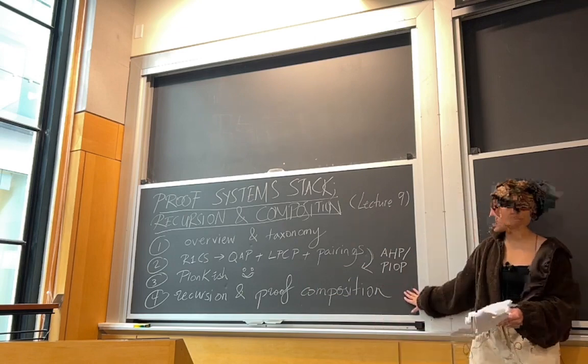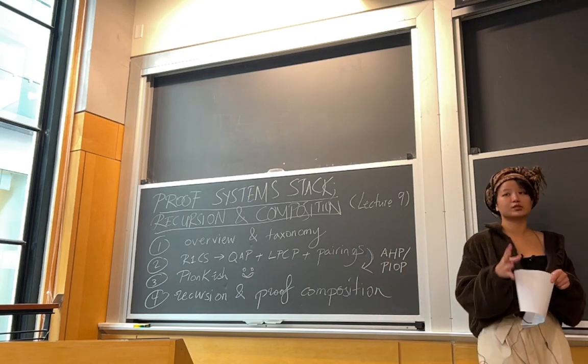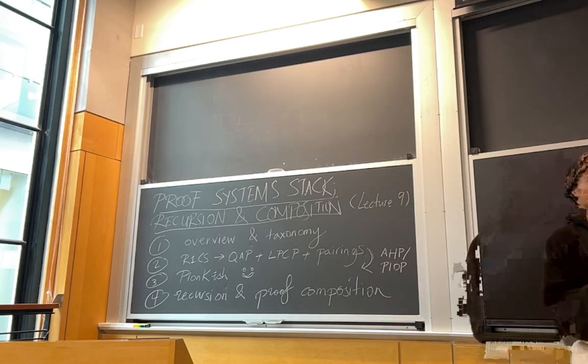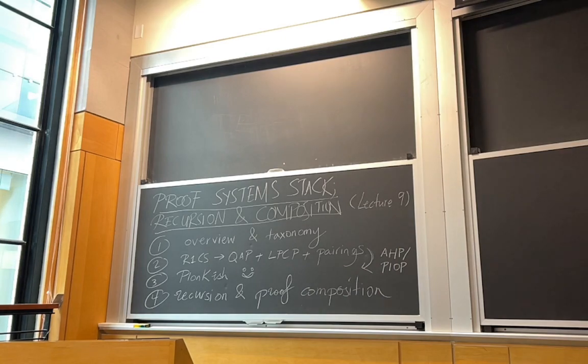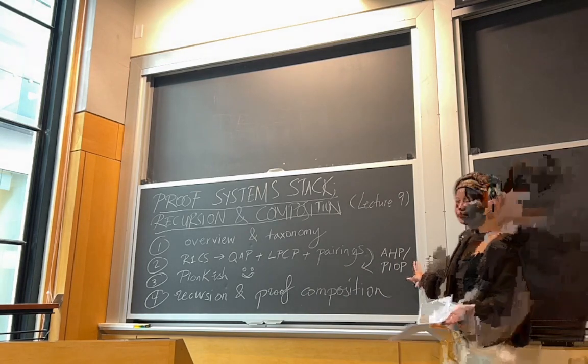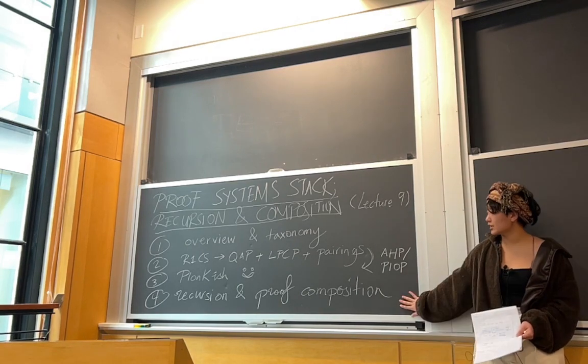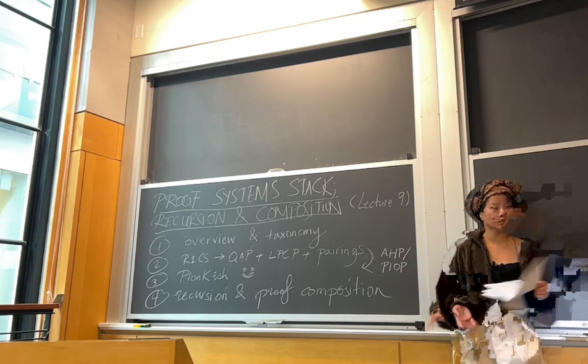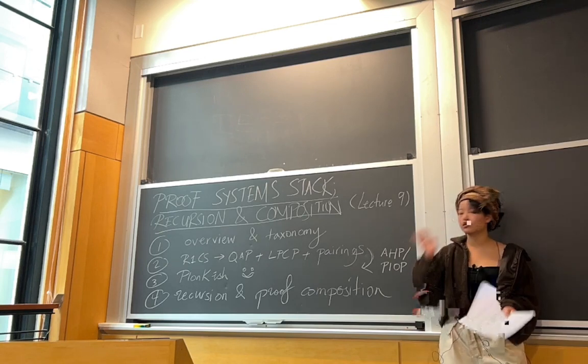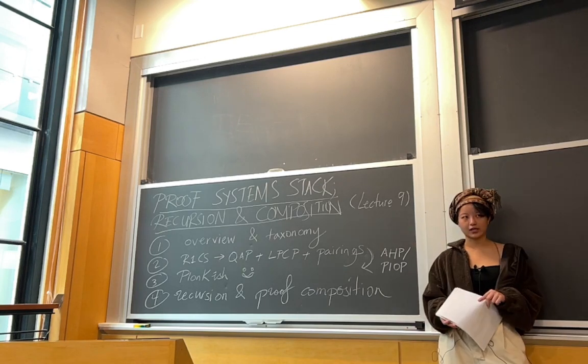And in recursive SNARKs, the verifier circuit is precisely what we're trying to embed at each recursive step. So we're going to see how modular proof systems give us better recursion. And we're also going to see certain strategies for recursion that don't require sublinear verifiers.